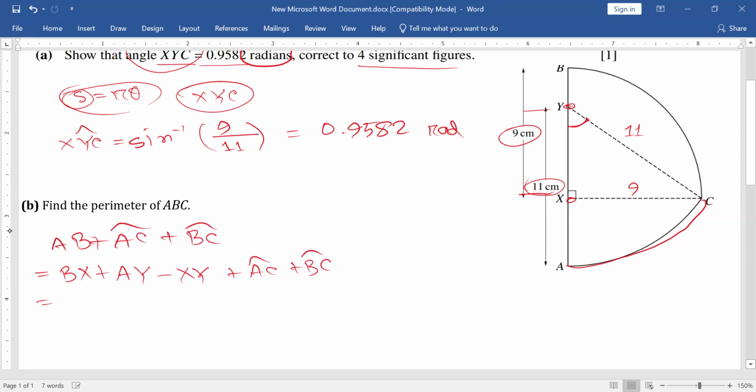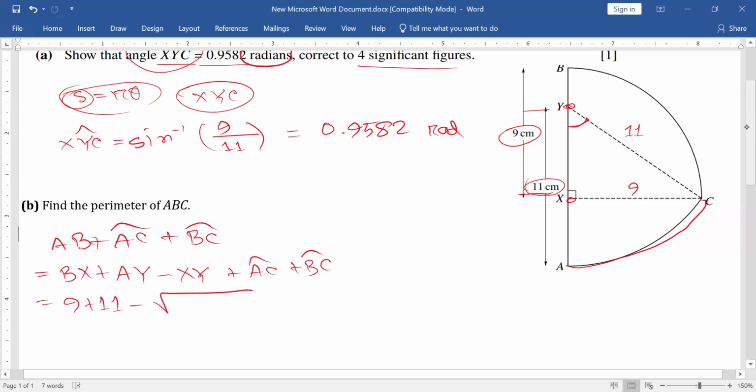BX is given as 9 centimeters, AY is given as 11 centimeters, minus XY. How to find XY? Any idea? XYC is a right triangle, so we can use Pythagoras theorem here. XY equals the square root of 11 squared minus 9 squared.